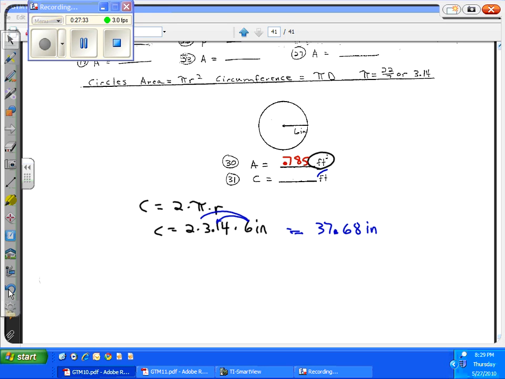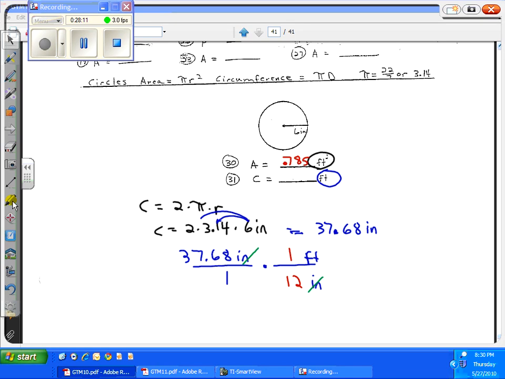But we didn't want the answer in inches. We wanted the answer in feet. So we multiply such that we lose the name inches and gain the name feet. Feet is larger, so we put 1. How many inches are in a foot? 12. We're talking about feet and inches, so we leave it 1 and 12. The name inches cancels.